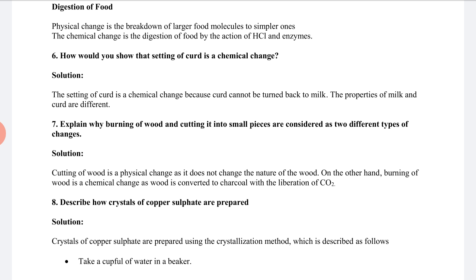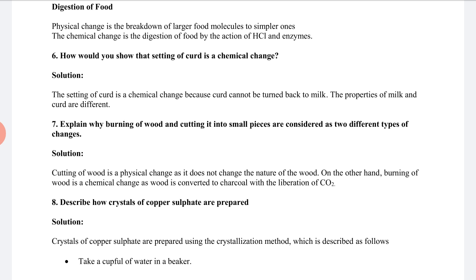On the other hand, burning of wood is a chemical change because in burning, CO2 is formed and evolved into the surroundings, and the wood is converted into charcoal.